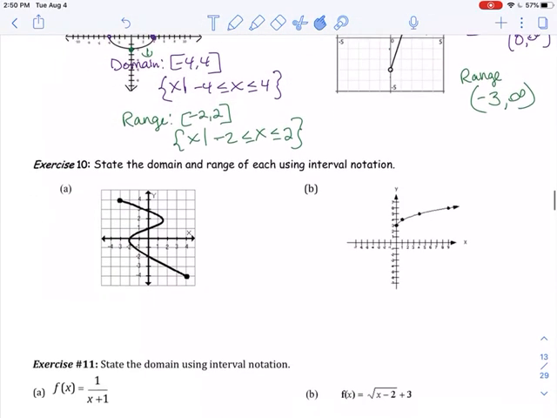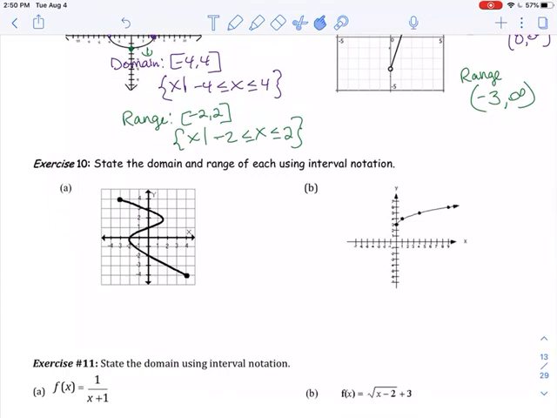Same thing on 10. I'm just stating my domain and my range. So remember, my domain is left to right. The leftmost value is going to be -3. And my rightmost value is right here at 4.